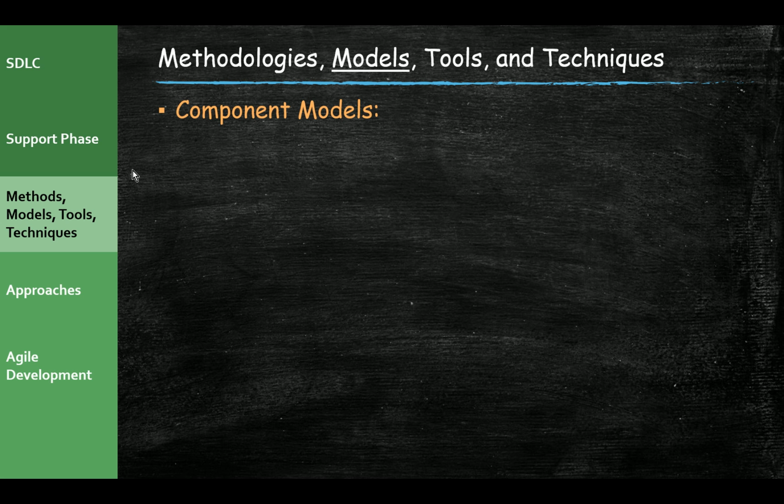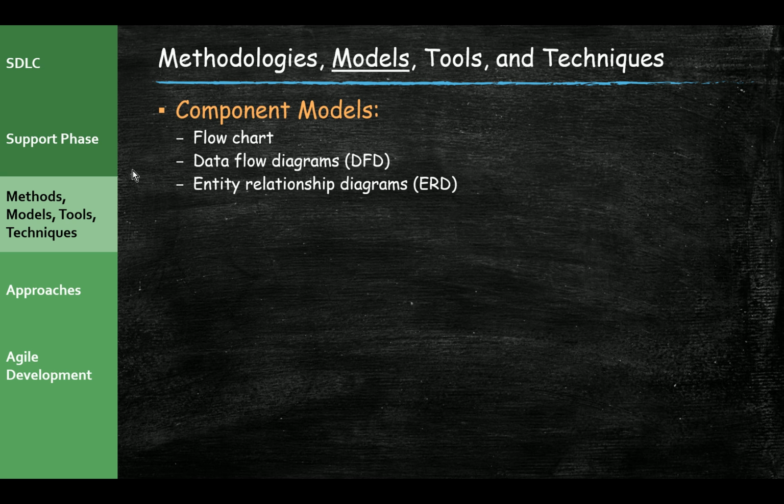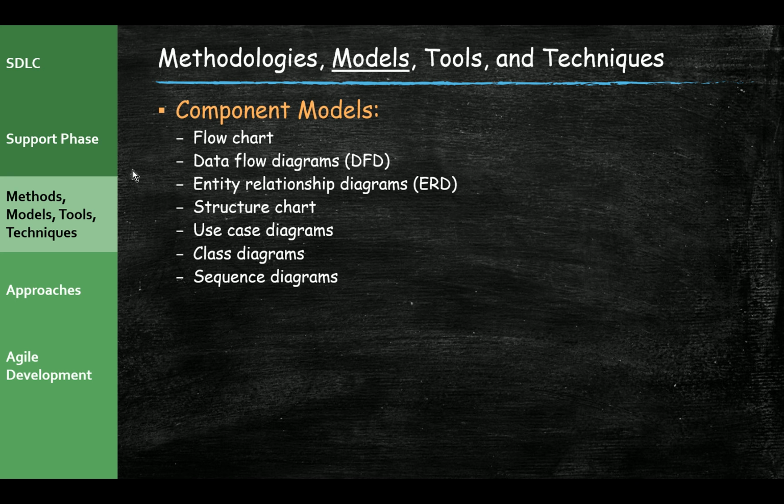So like component models. Component models are what actually describe the system that we are either analyzing or designing, and the models that we talked about are things like flow charts, data flow diagrams, which is a structured technique, entity relationship diagrams, which are from the structured technique, structure charts, use case diagrams, which is from the object-oriented technique, class diagrams, again, that's an object-oriented technique, sequence diagrams, and so forth.